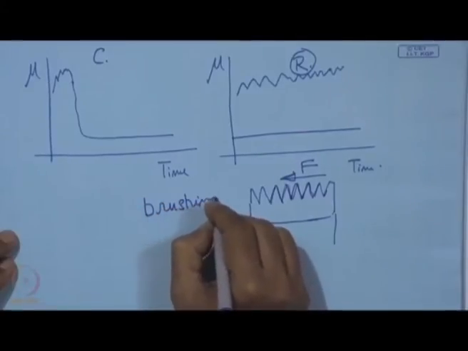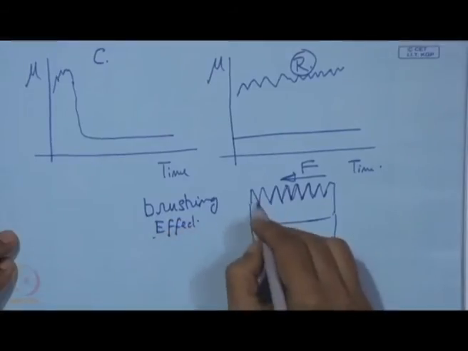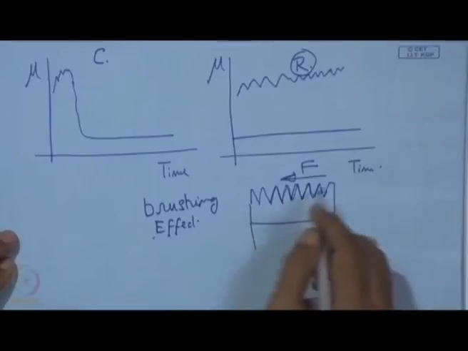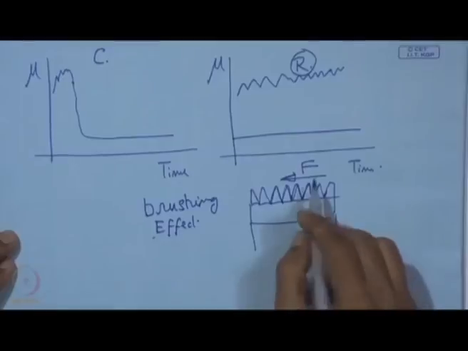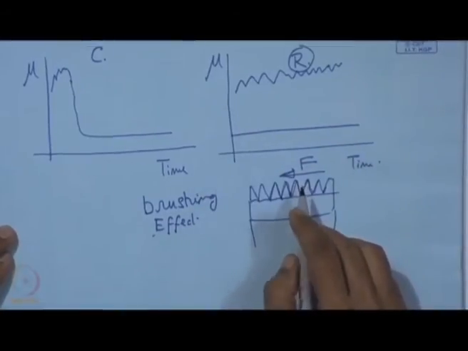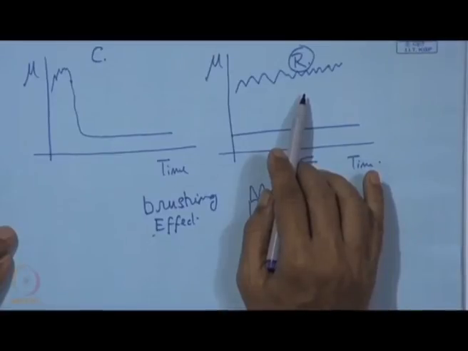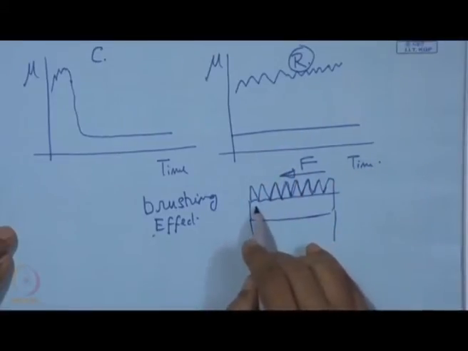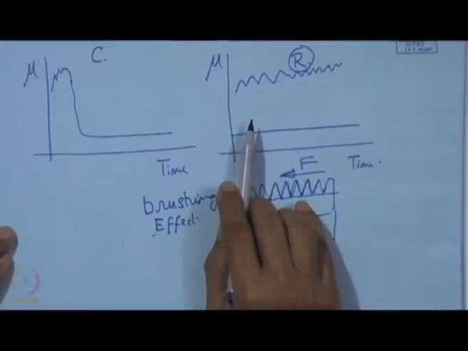Because of this brushing effect, there is every risk that this coating architecture, which is built up here, can be torn and ultimately the whole coating will be removed and the force will be quite high. So, when it is a rough coating produced by any vapor deposition process, it is important to smoothen it or polish it a little bit and only then put it in alternating sliding.